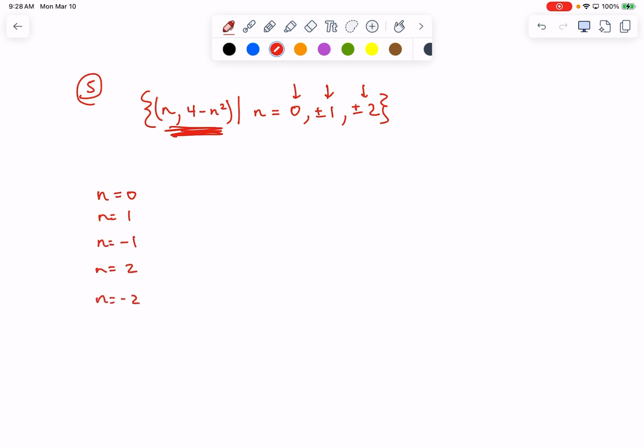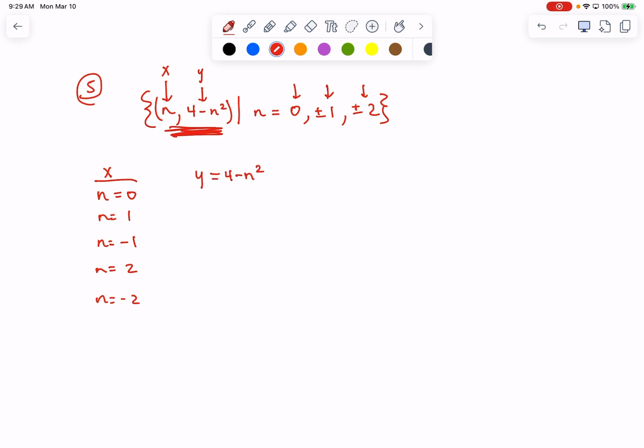You need to figure out, plug this in. So these are the n values. The n's are the x's. What are the y's? How do you calculate the y's? Put the numbers in for n in 4 minus n squared. The y's are calculated by going 4 minus n squared.